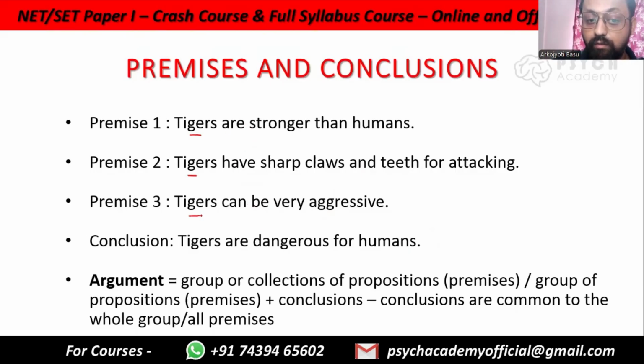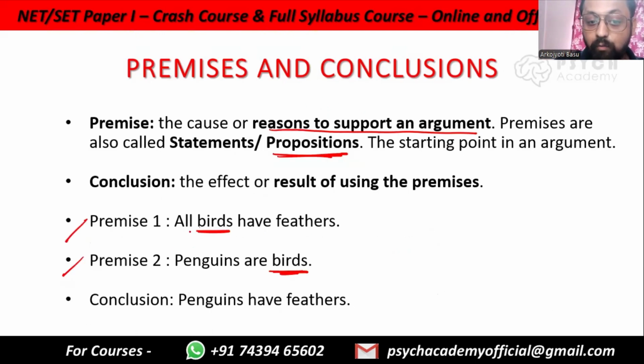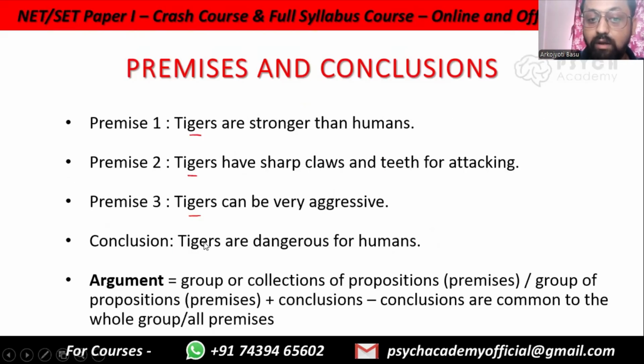And the conclusion, dangerous for humans, is supported by taking all of the independent premises together. Out here, these two premises are very closely linked. These are not very closely linked. And there is another difference: out here, an assumption is made which is not directly flowing from the premises.